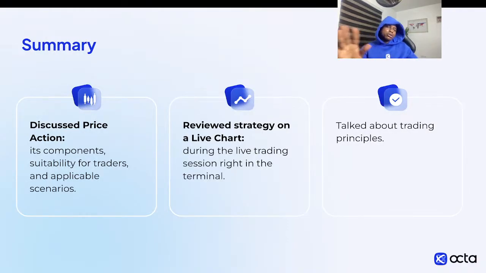Let me summarize our session today. Number one is for you to understand that this is a price action trading strategy, and its components are suitable for traders and applicable in every scenario. Now, this live chat was carried out by Octa FX, and it's for you to be educated and get more information about trading.